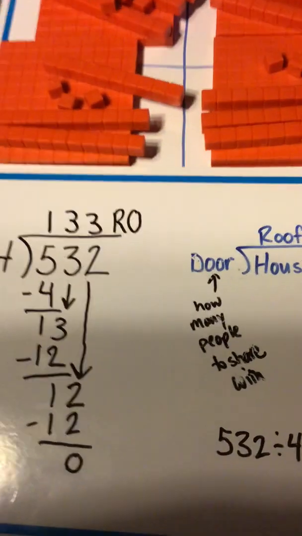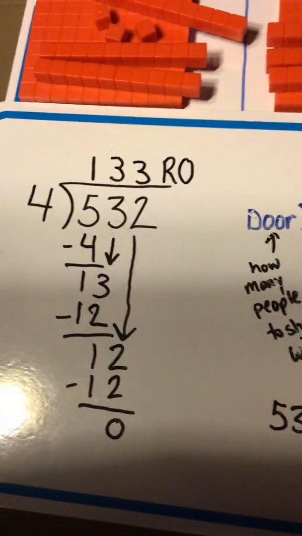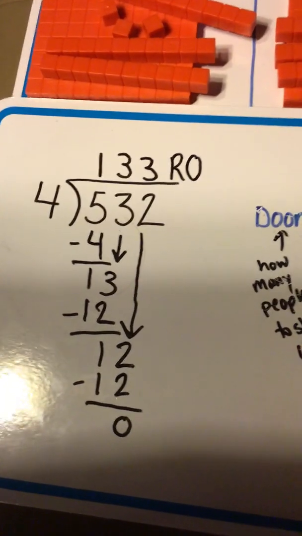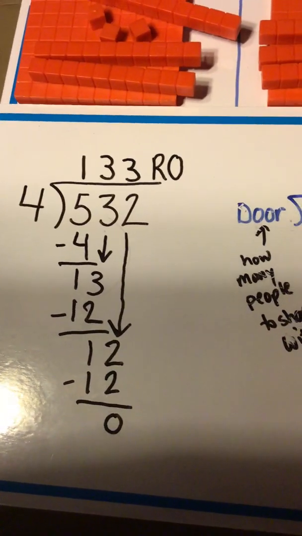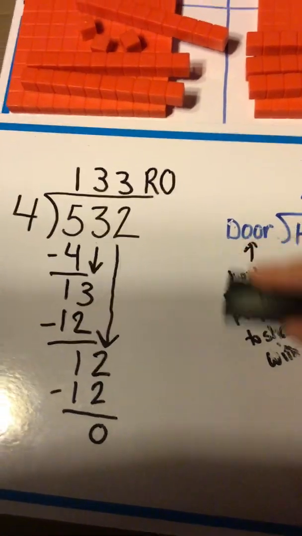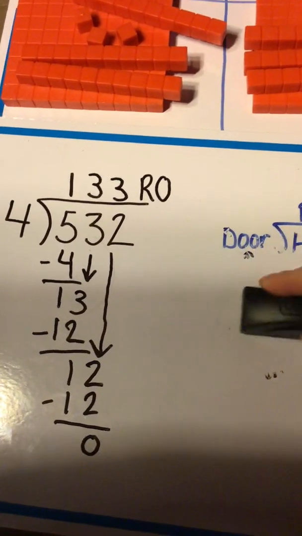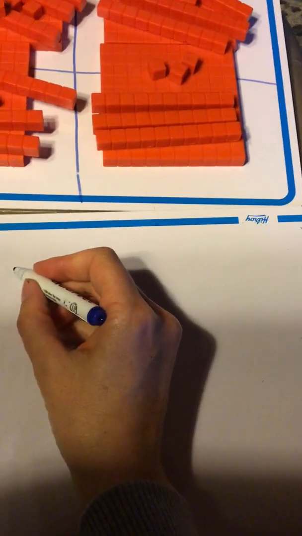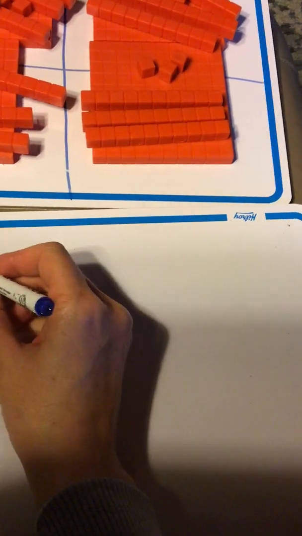Alrighty, so let's try this again with our multiplication chart, just to remember how that works out. So I'm just going to get rid of this stuff. Okay, so we are going to share this time with 7 people.